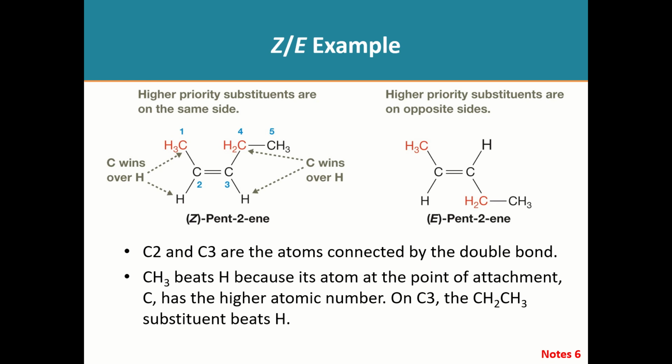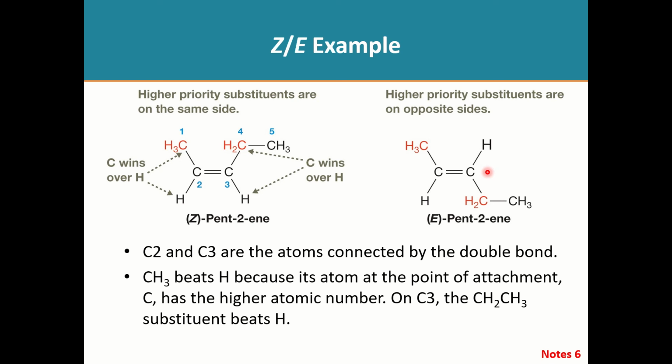Now, on this slide, what I want to show you is that when you name an alkene, we see the correct name. But now, you see how pentene, the same name, but they're clearly diastereomers of one another.